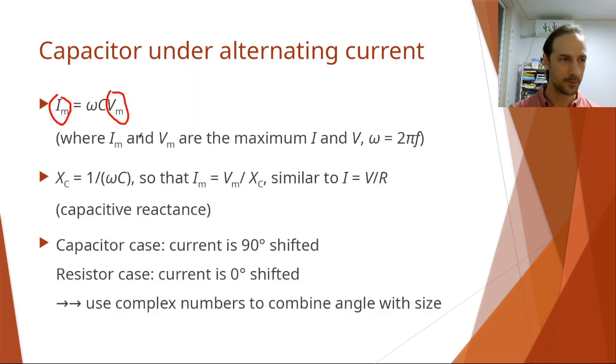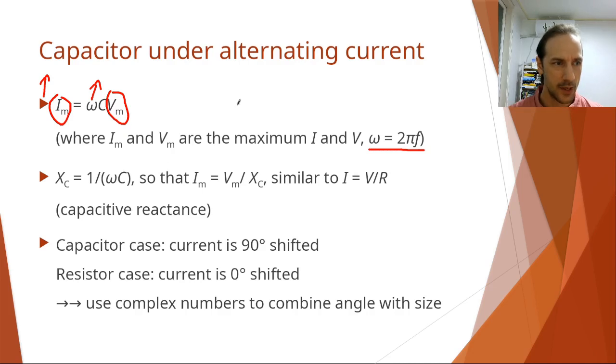So as the frequency is higher, the maximum current will be higher. Of course, capacitance is also in here, and omega is just 2 pi times frequency. So we are relating the sine wave to the circular motion here with this 2 pi f. It's an easier calculation.